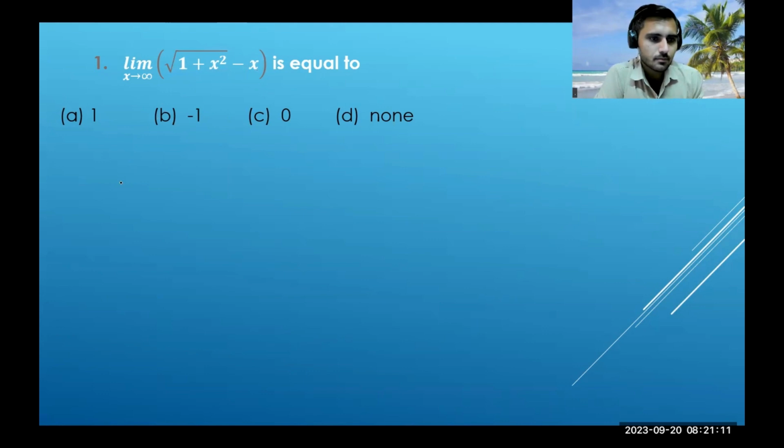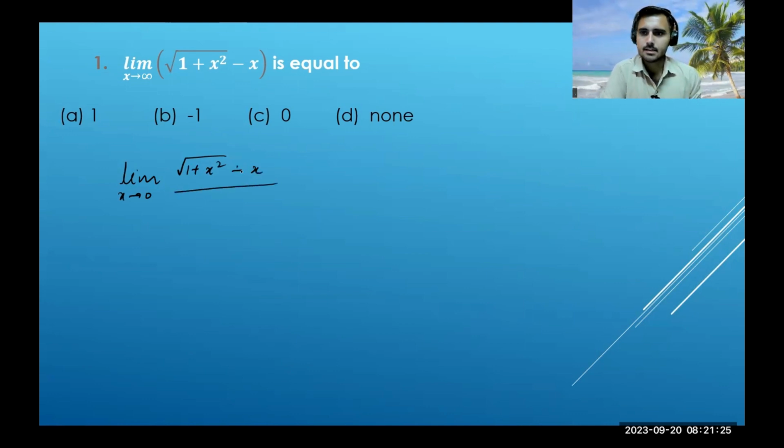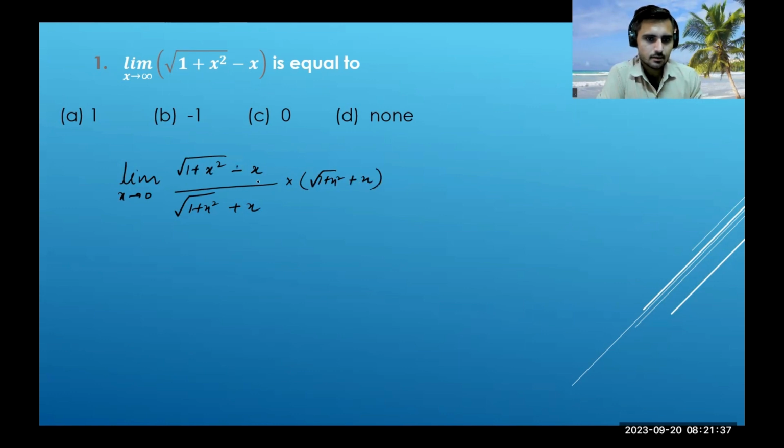So we'll rationalize 1 plus x square minus x. We'll take the conjugate, so we have the conjugate square root of 1 plus x square plus x, and the same in the denominator.